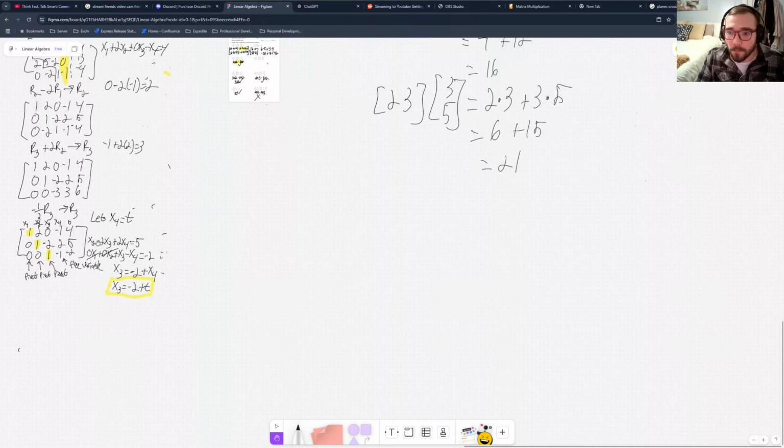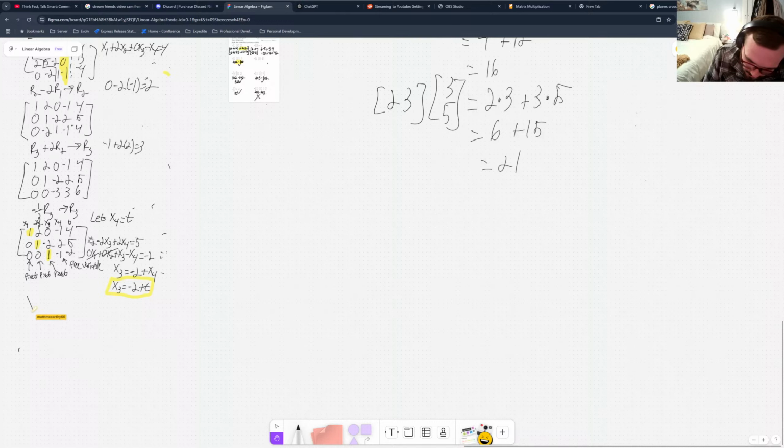So now we're going to solve for x2. Because we know x4, we said that was t up here. And we solved x3 is negative 2 plus t. So we're going to substitute in this equation for x3 and this equation for x4 and get a value for x2. Okay.